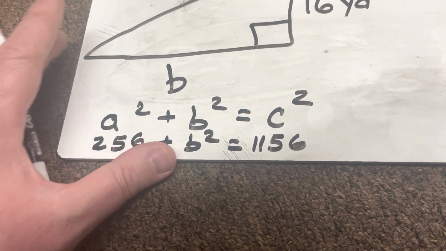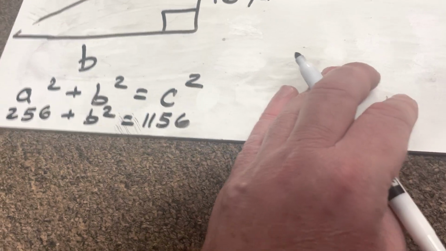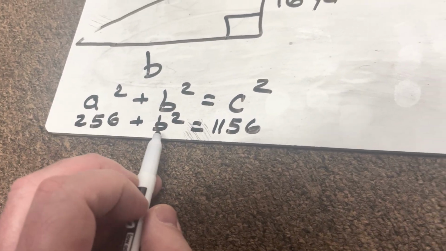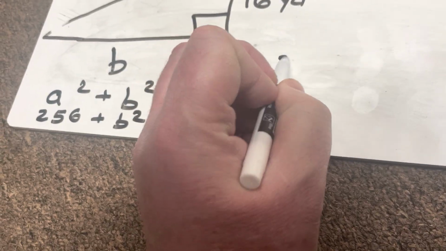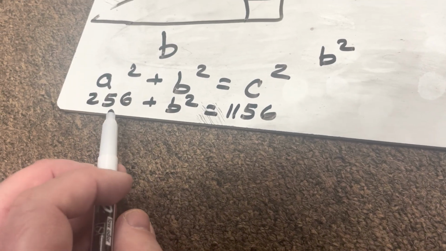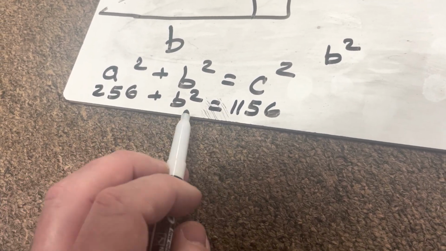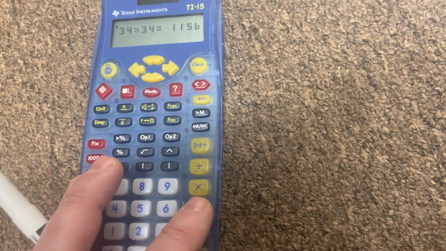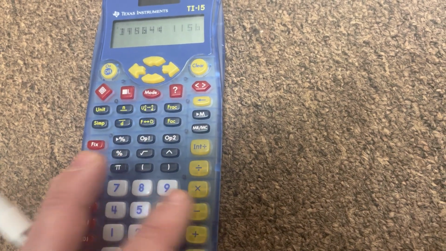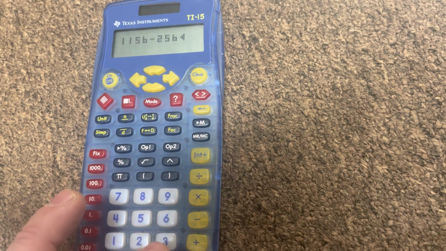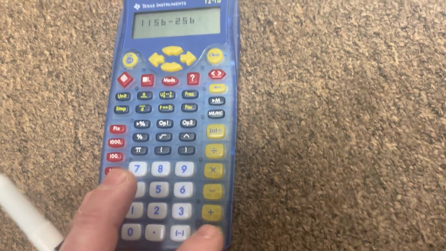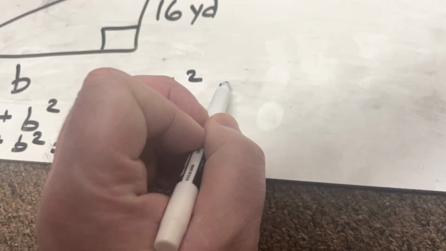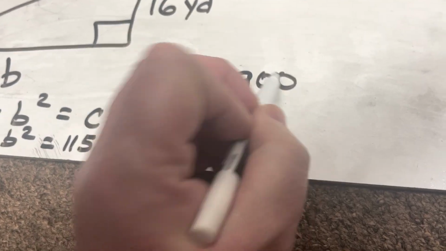Now, I basically now have an equation where to isolate b squared, I'm going to subtract 256 from both sides. So I've already got 1,156 in here. So I'm going to subtract 256. And that's going to give me 900. So b squared equals 900.